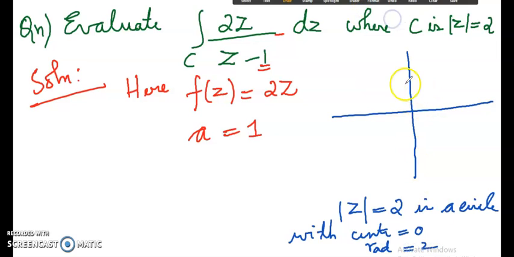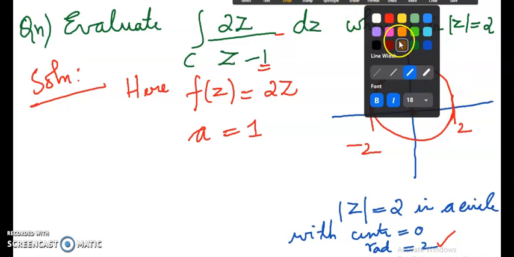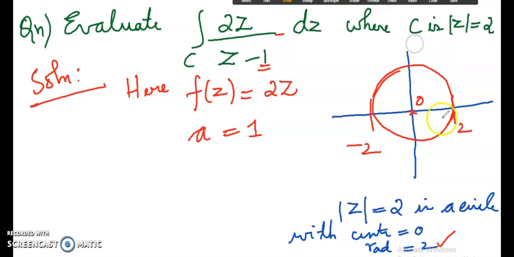So you can draw a circle with center 0 and radius 2, with end points 2 and minus 2 because our radius is 2 and center point is 0. Now what about this 1? Whether it lies inside or outside the circle is very simple to identify. Point 1 is here, right? 1 lies inside the circle.